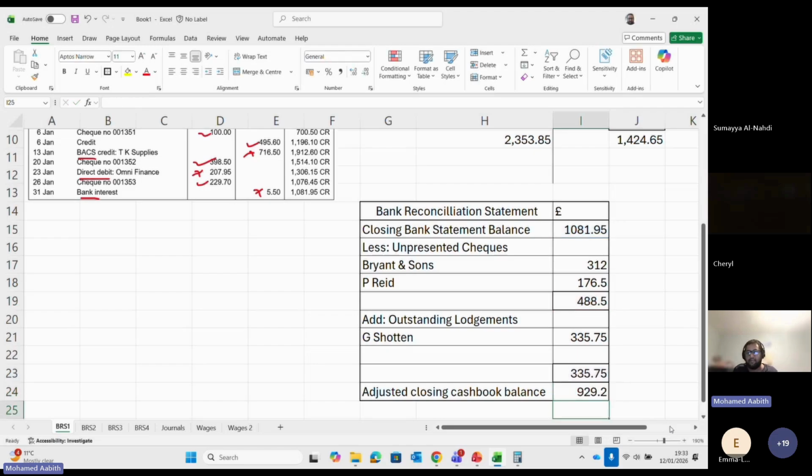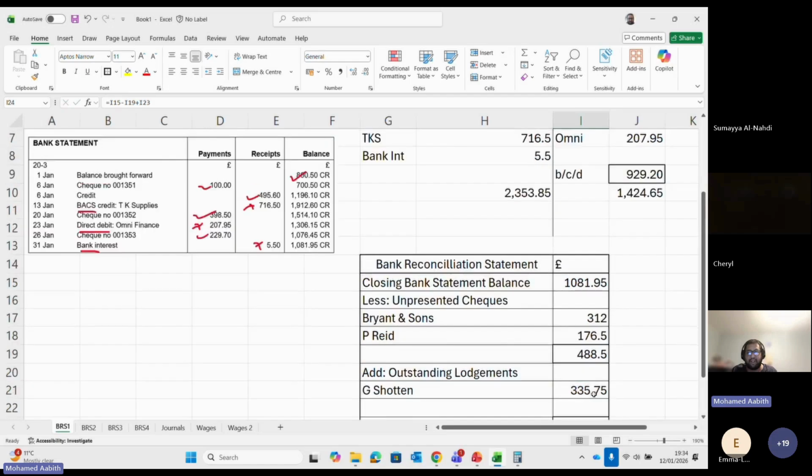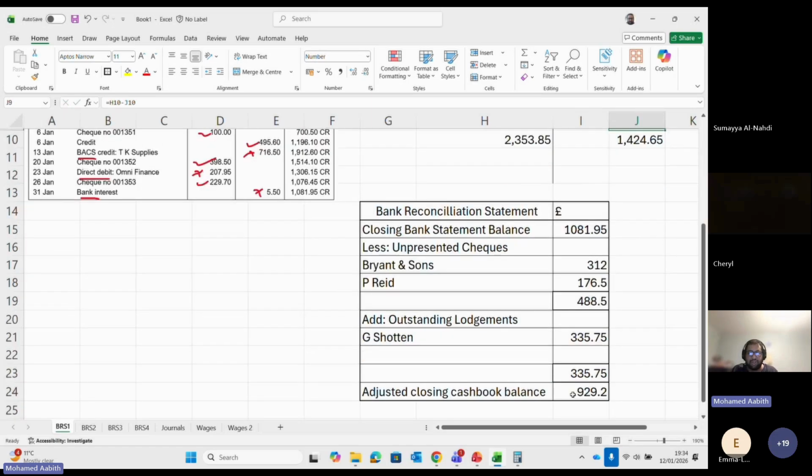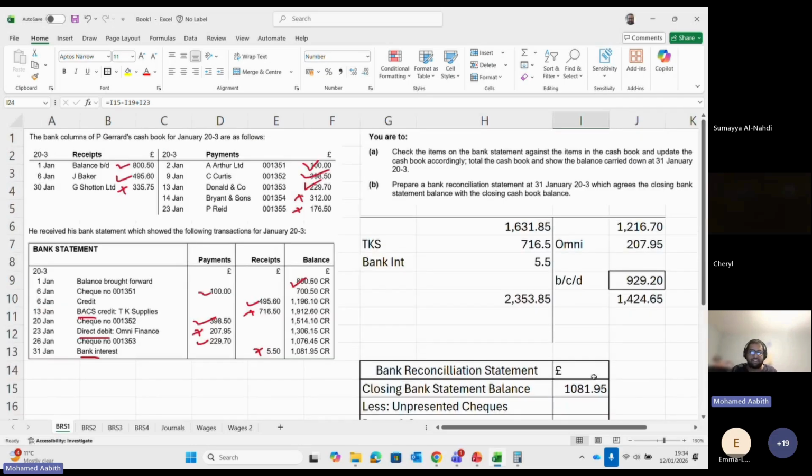Let me see what number I'm getting there. £929.20. Am I getting that number here as well? £929.20. So my bank reconciliation has indeed been successful. We have successfully obtained the number we are looking for in this bank statement.